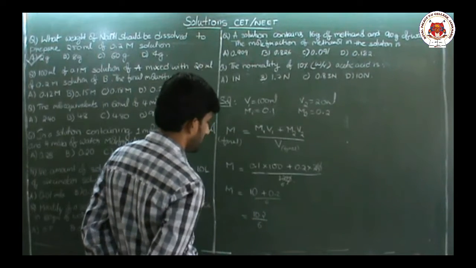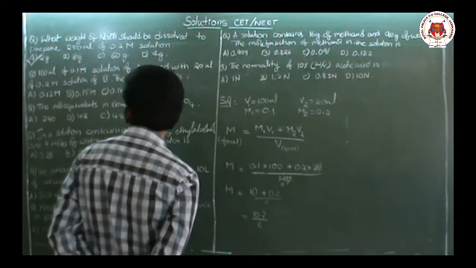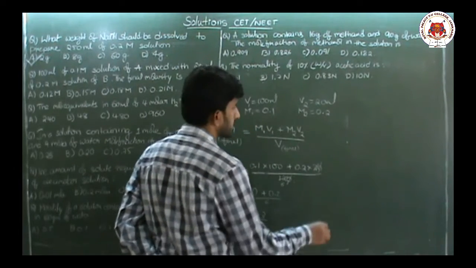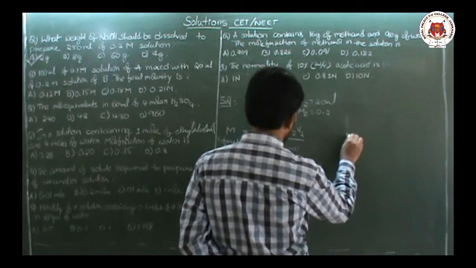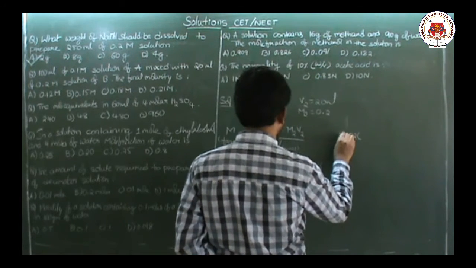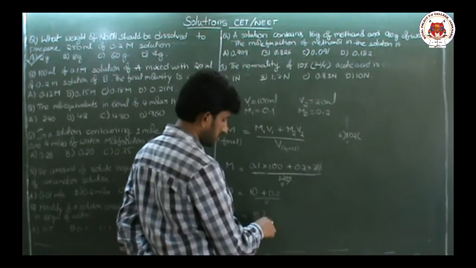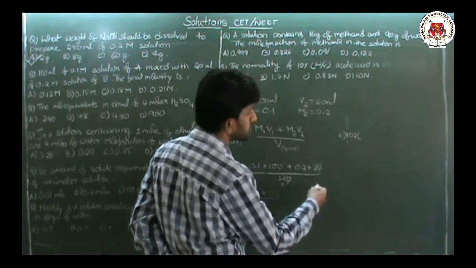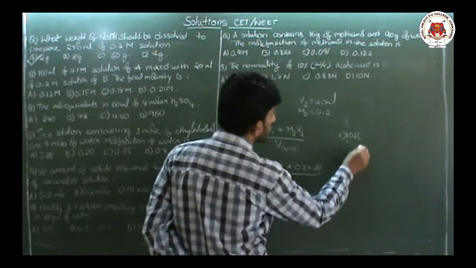You can write it like this: it is 102 into 10 power minus 1 by 6, or 102 by 60 you can do.